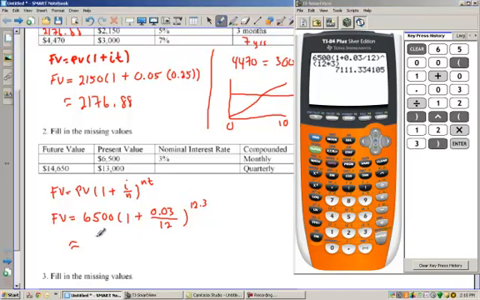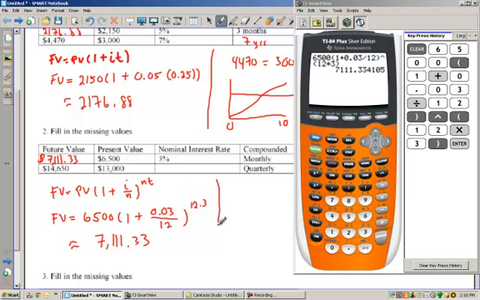And out pops my answer of approximately $7,111.33. So right here I put $7,111.33.